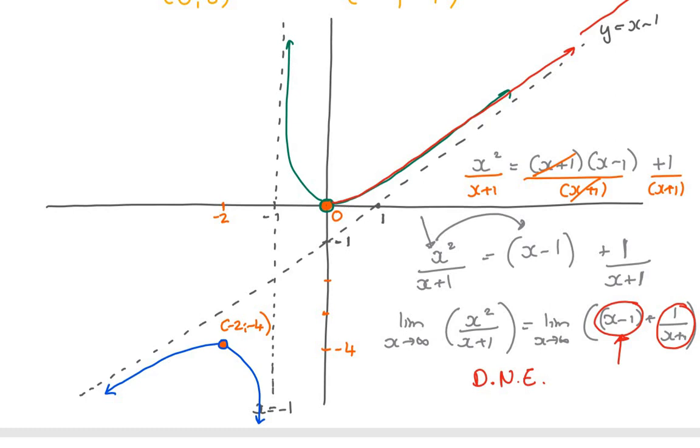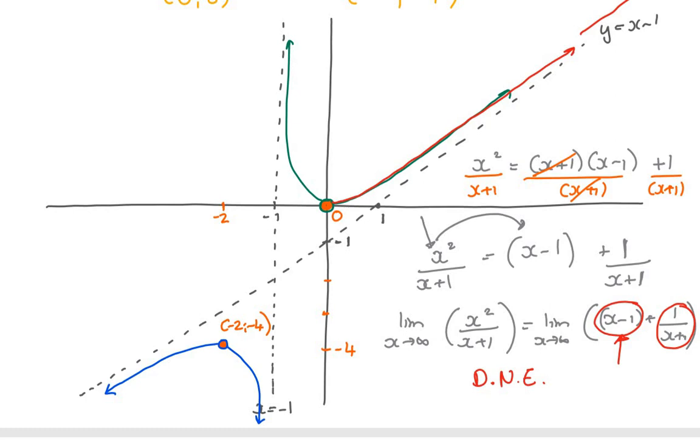So an oblique asymptote actually exists because the limit does not exist, but I'm tending towards that line, if that makes sense. So it's almost like a behavior. It's not actually a limit. So I'm not arguing that y equals x minus 1 is the limit. I'm arguing that the graph is tending towards y equals x minus 1. I hope that clears up a little bit of stuff around oblique asymptotes.